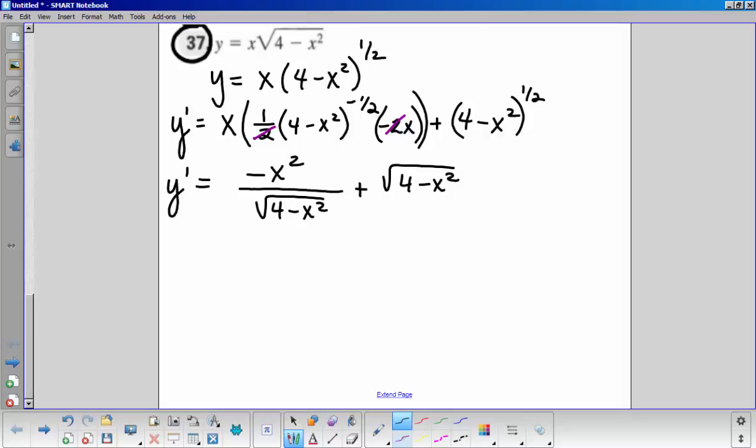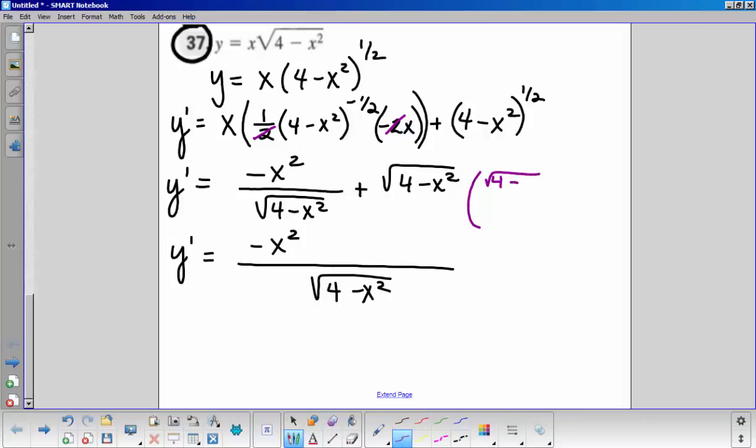So what's the common denominator? Square root of 4 minus x squared. Right, so we'll say y prime equals the square root of 4 minus x squared. Do I have to do anything to the first fraction? No. And then the second fraction I'm going to multiply by itself.